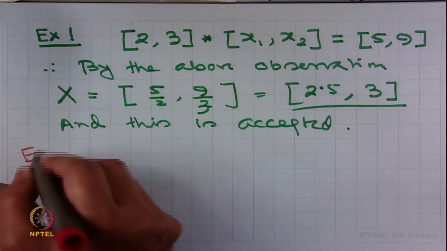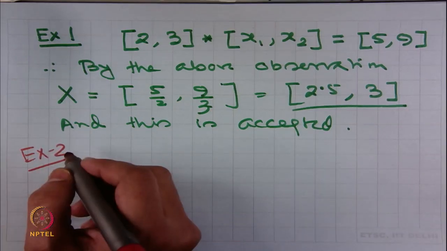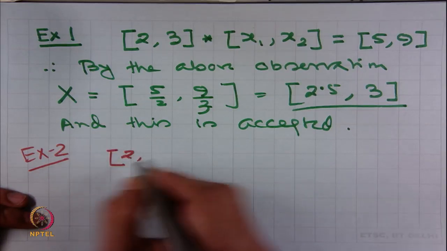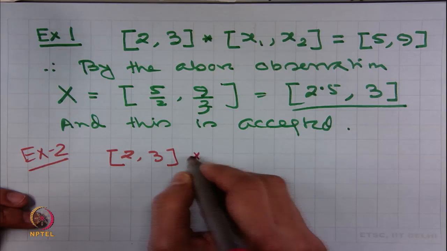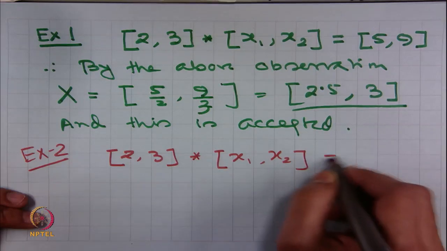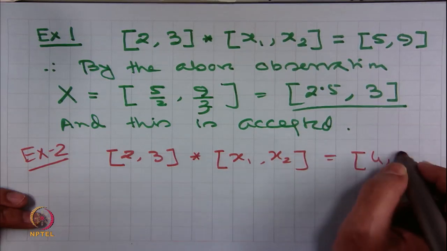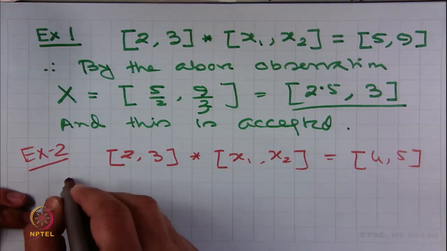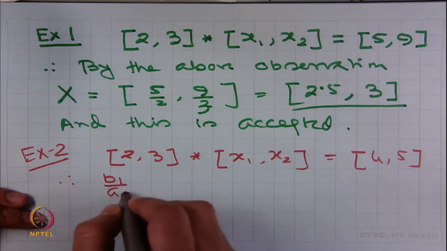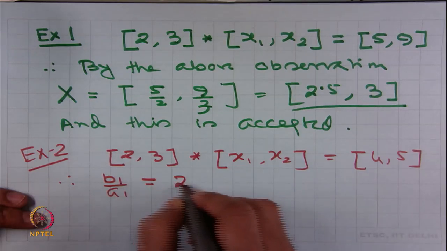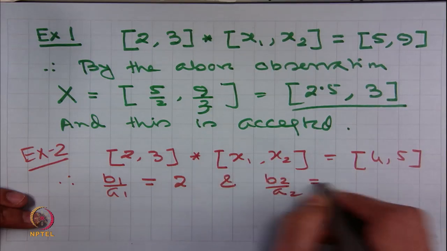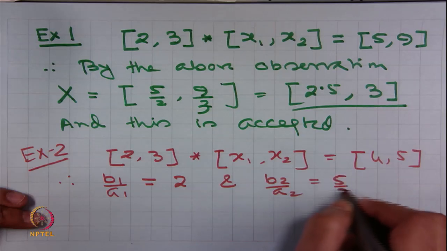But consider example 2, 2 comma 3 star x1 comma x2 is equal to 4 comma 5. Therefore, B1 upon A1 is equal to 2 and B2 upon A2 is equal to 5 by 3.